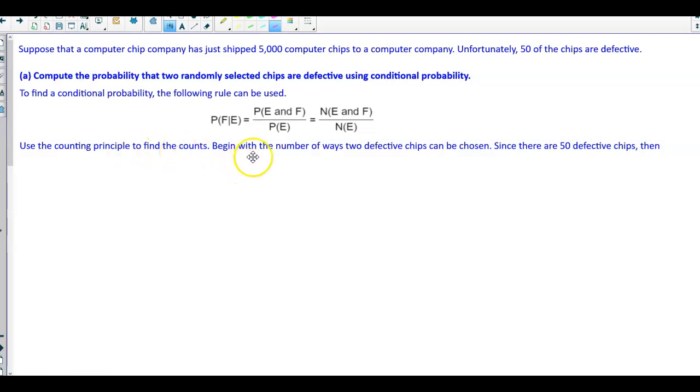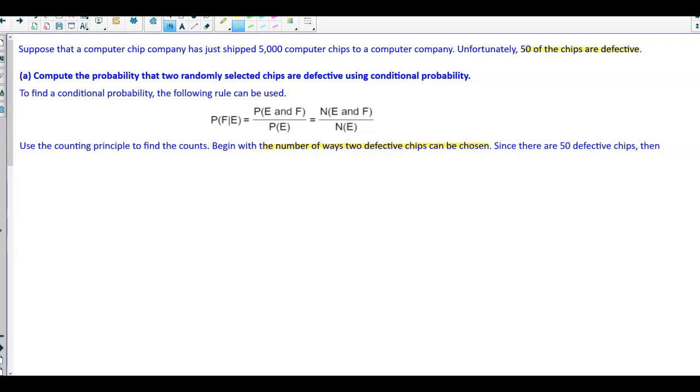So we need to begin with the number of ways two defective chips can be chosen. We know that 50 of the chips are defective, and we want to find the number of ways that two defective chips can be chosen.